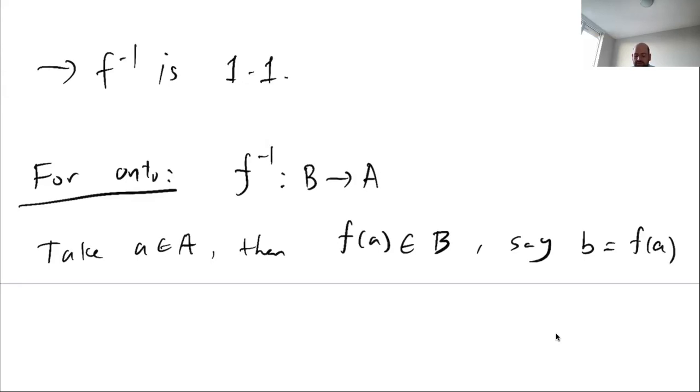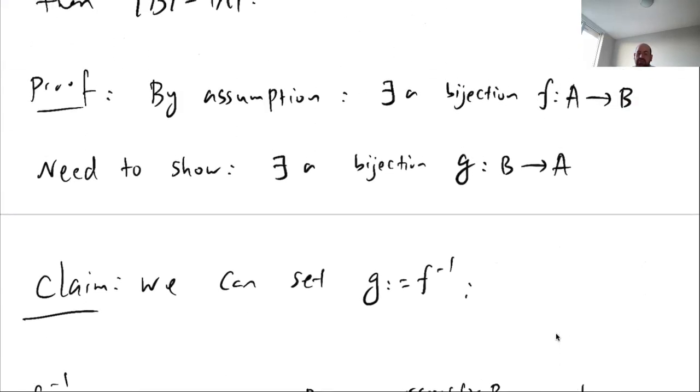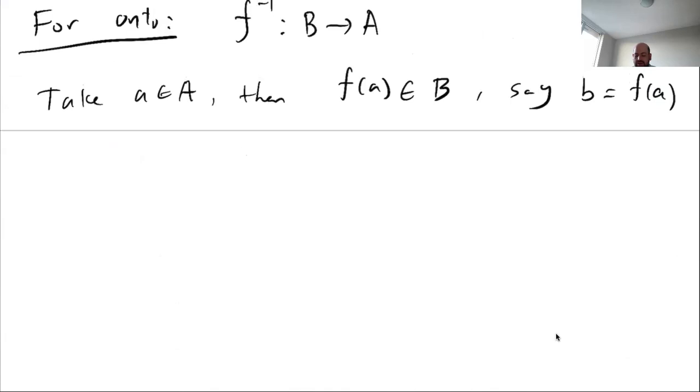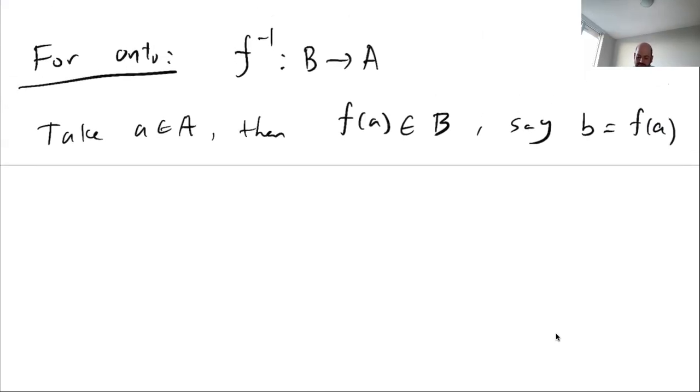F of a is in B, because remember, the original F is from A to B. So if I take some element a in A, F of a would be in B. I called it small b. Now, what would be F inverse of b? F inverse of b would be a.